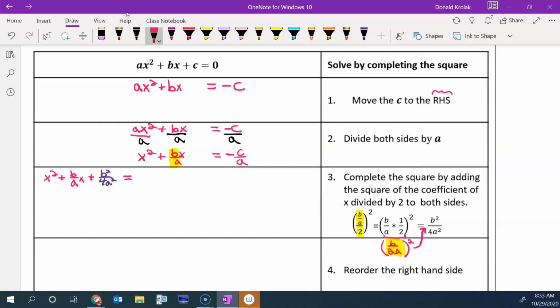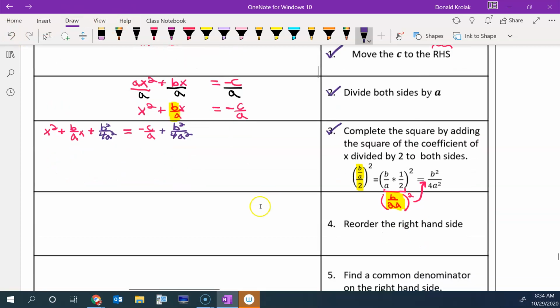Equals negative c over a plus b squared over 4a squared. So all we're doing is completing the square, except we don't have values for the coefficients, we have variables. All right, so we just did part 3. We added it to both sides.